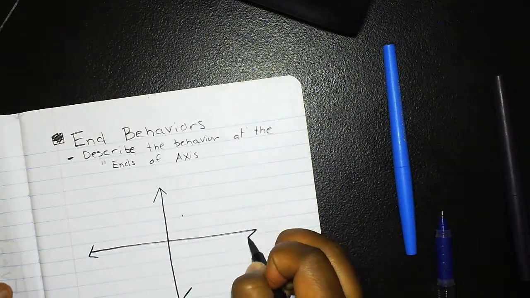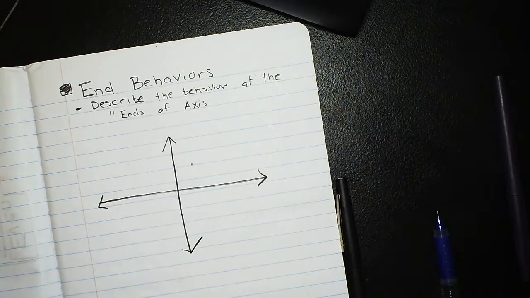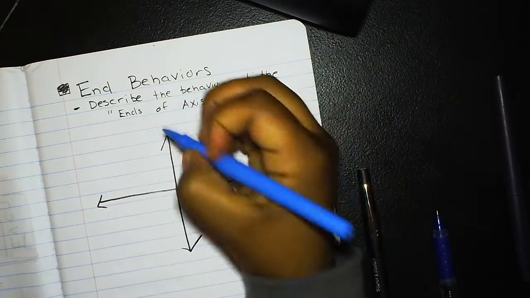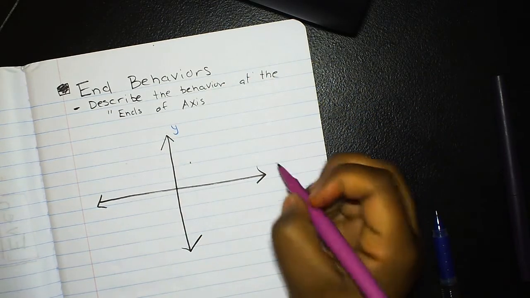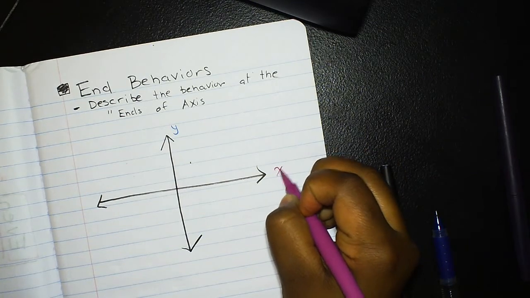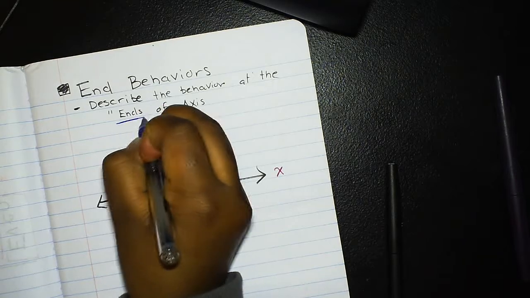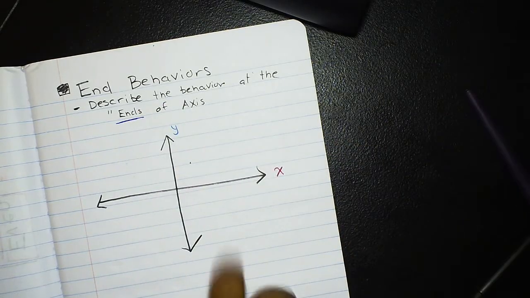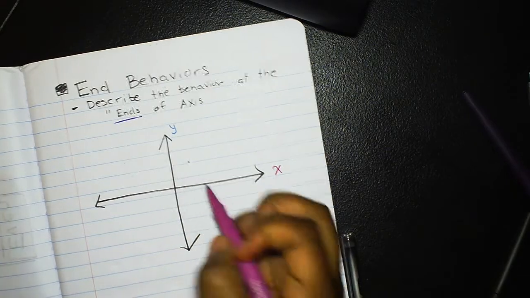Let's draw a basic axes, right? And we know that this one going up and down is our y-axis. And the one that's going left to right is the x-axis. Now, when they talk about the ends, they're talking about literally the end of the axis. So let's do x.